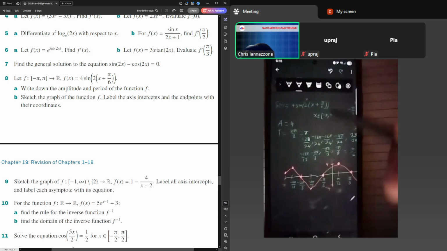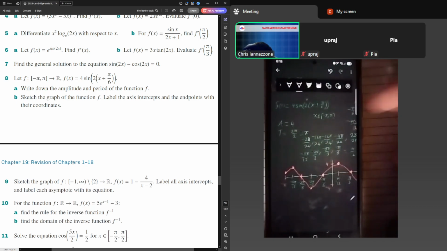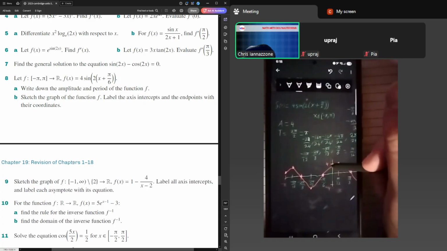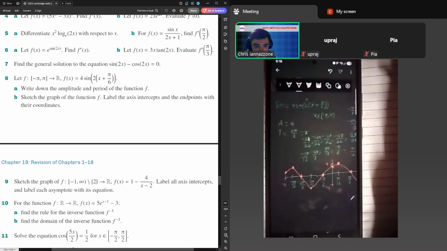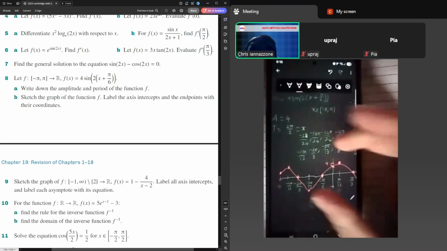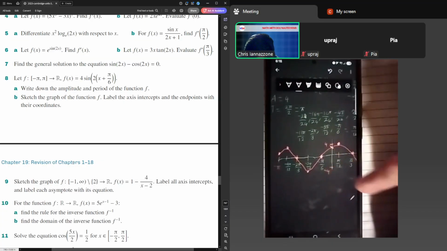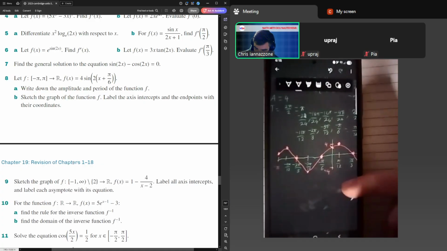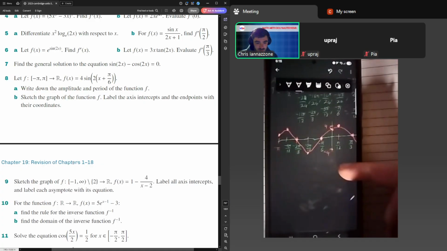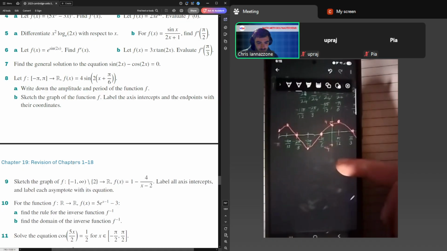And so really there's two things that are left. One is the y-intercept, and two are the endpoints. Y-intercept is just x equals 0. Endpoints is just x equals plus or minus pi. I'll do it if you want to see how that simplifies down.